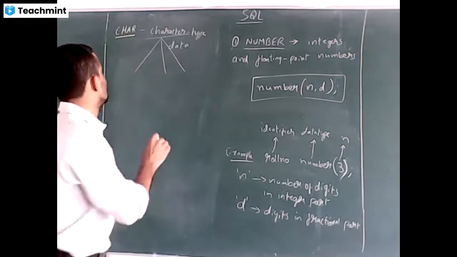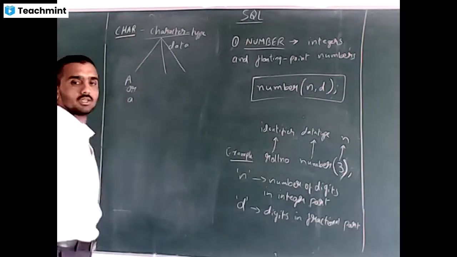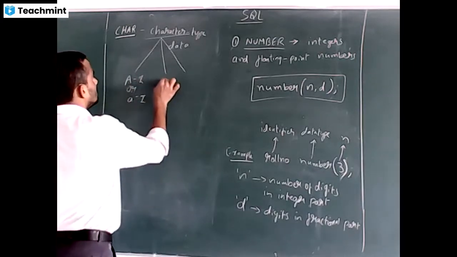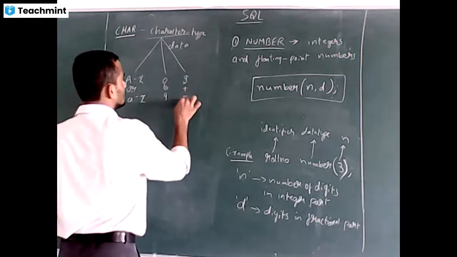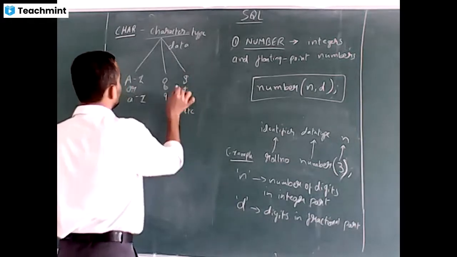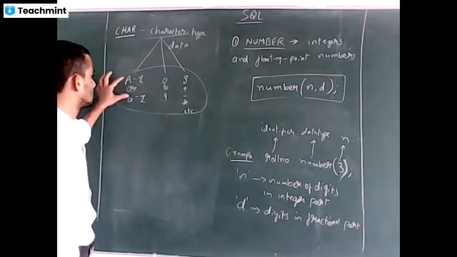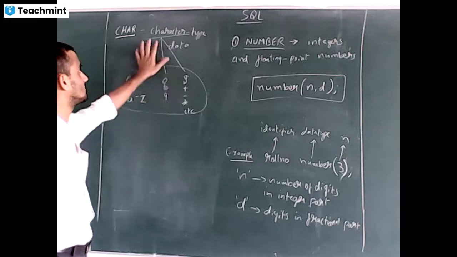It may be a capital letter A to Z or a small letter a to z, or digits from 0 to 9, or any symbol. All these categories of keys, capital letters, small letters, digits and all the symbols, come in character type data.